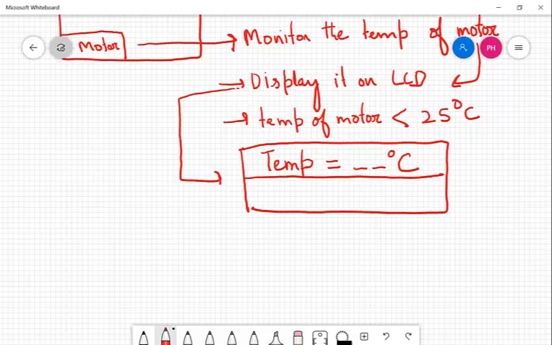Now we might have three different cases. This is the temperature of motor. It can be less than 30 degrees Celsius.